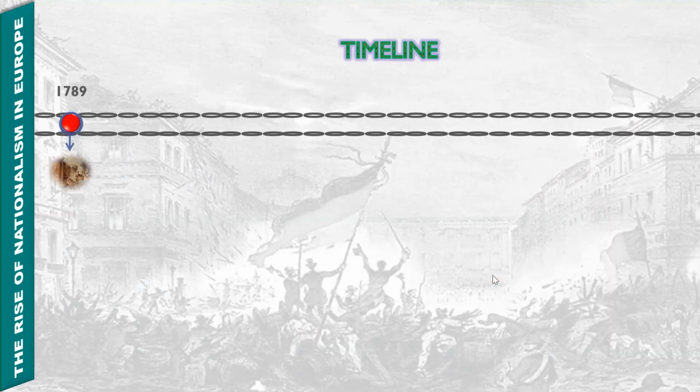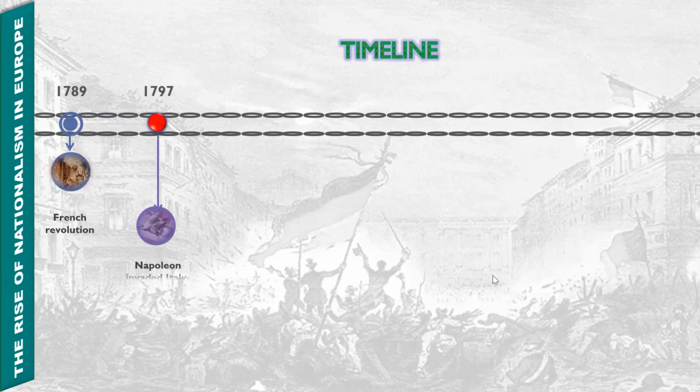Before we begin, let's have a look at the timeline. The timeline is very important to know the chronological order of the events and to recollect all the points associated with that event. So right from the beginning, 1789, this was the year when the French Revolution took place. 1797, Napoleon invaded Italy. Napoleonic War began.